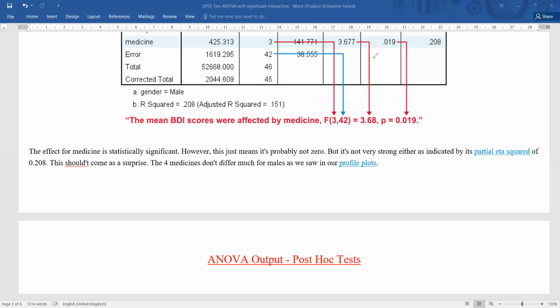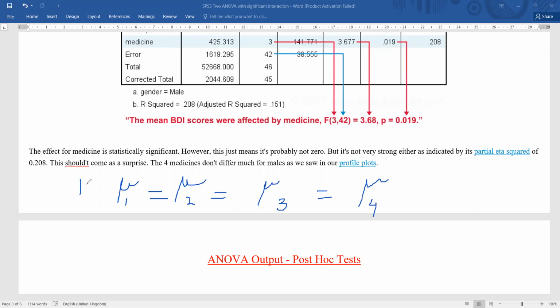The null hypothesis, H naught, for females: the average depression for medicine type 1, which is no medicine, and the average effect by medicine 2, which is placebo, and the effect by homeopathic medicine on depression, and the effect by the medicine provided by the doctors, which is type 4.